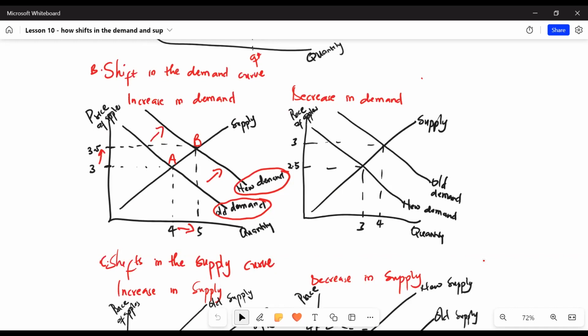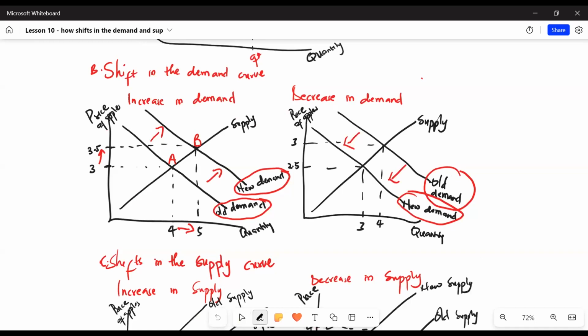Now let's look at a decrease in demand. If we start from an old demand curve represented as this curve, and any factor listed above in the market changes, that shifts our demand curve to the left. We move from the old demand curve to a new demand curve.